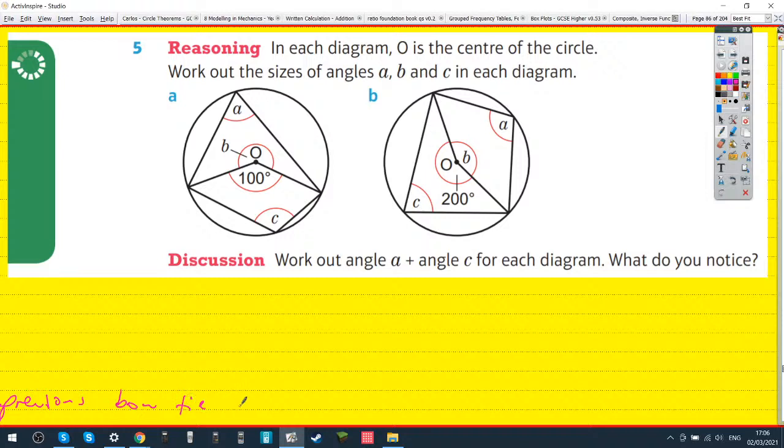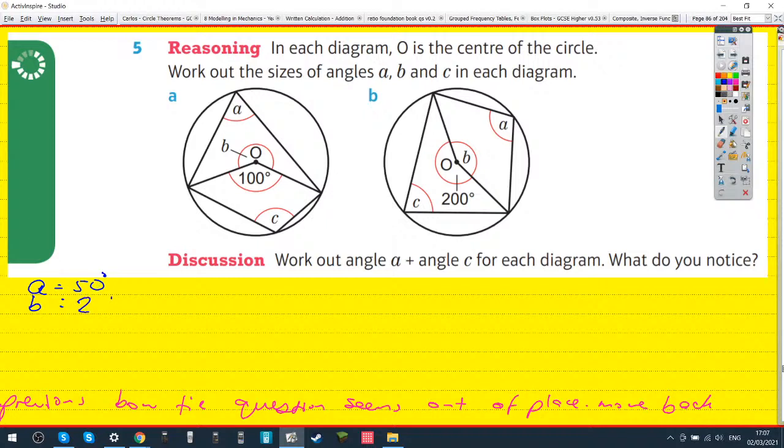Okay, so there is a center. Angle A would be 50. Let's see. So angle A is 50, yeah. So this angle B, 260.